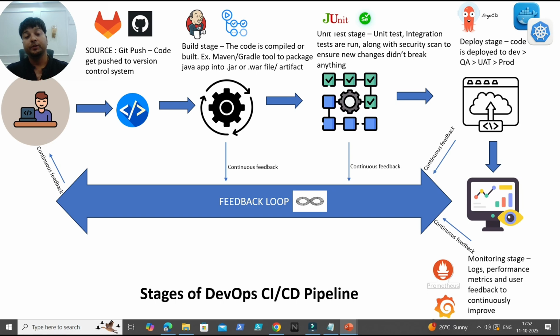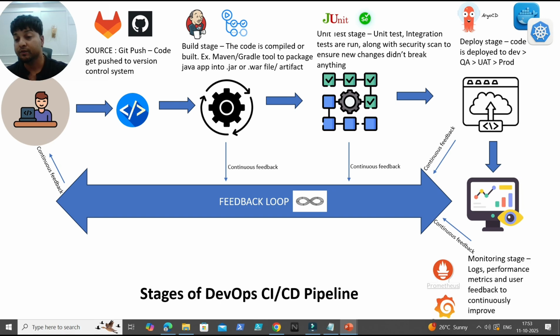Now, once the code is deployed, there are different tools, as I was speaking, like Kubernetes, Docker, Ansible, Terraform. These can be used to deploy your application to prod. Once your application is running in production, you can have a monitoring and alerting system like Prometheus, Grafana.